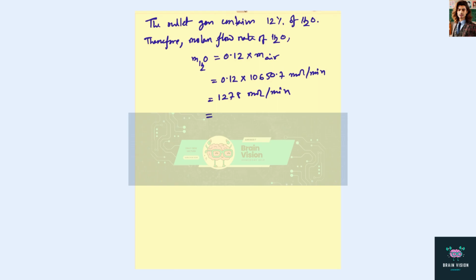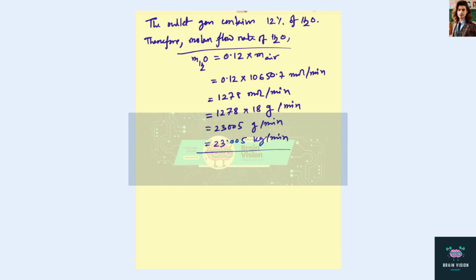Now we know that 1 mole of water contains 18 grams. Therefore, 1278 multiplied by 18 grams per minute, which is 23,005 gram per minute. Let's convert it to kg, which is then 23.005 kg per minute. Therefore, the flow rate of water is 23.005 kg per minute.